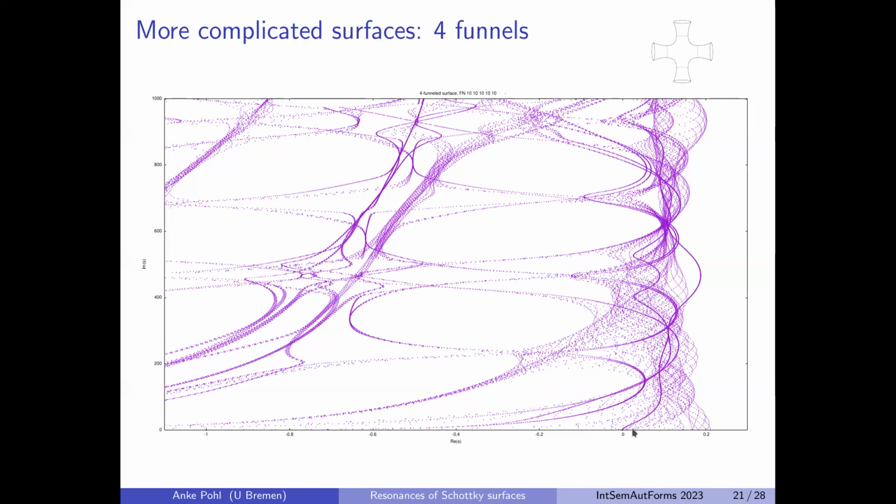The one is numerical results, but the numerical results which existed for 4 funnels before were only for this little part down here. And of course, if you have only a little window of your situation, you cannot see too much. The other idea is that because you have many lengths, many numbers in your formulas which are essentially irrational to each other, you shouldn't expect too many structures anymore when you try to combine them.